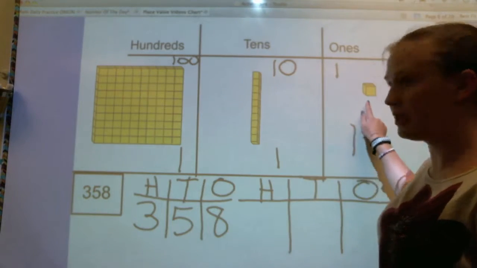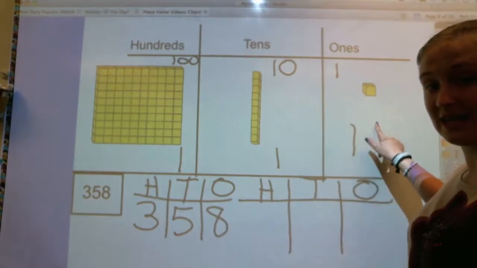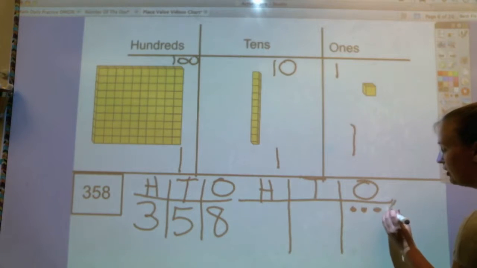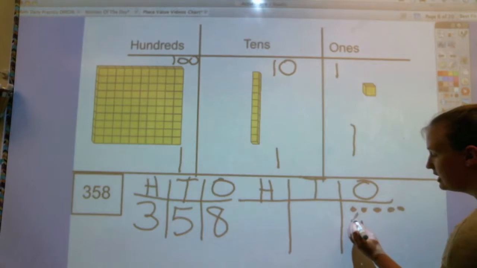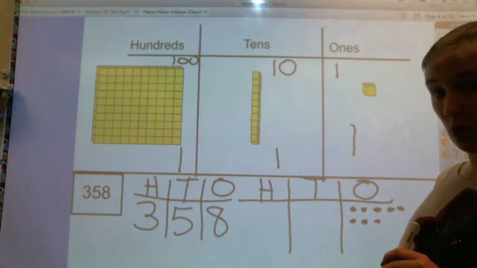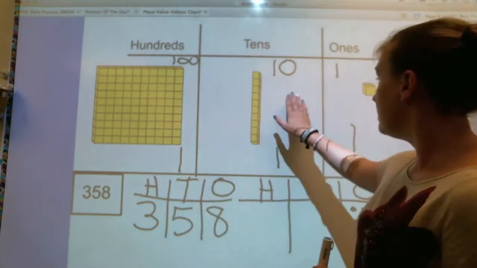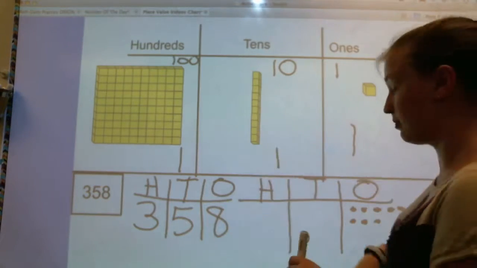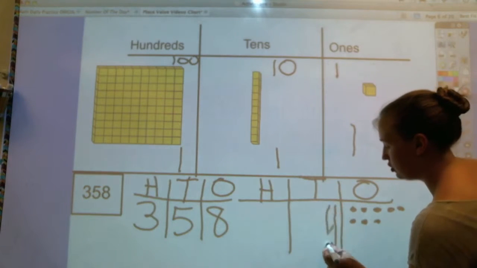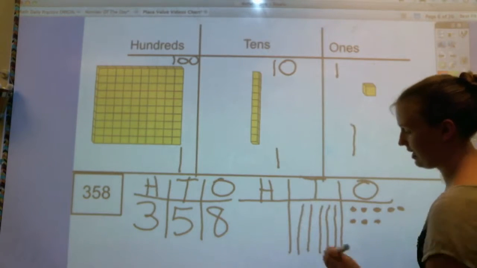So I'm going to use units for my ones place. I have 8 ones, I need 8 units. 1, 2, 3, 4, 5, 6, 7, 8. 8 ones. Now in the tens place, I have 5 tens. Here's the model of a 10. I'm going to make 5 tens. 1, 2, 3, 4, 5.